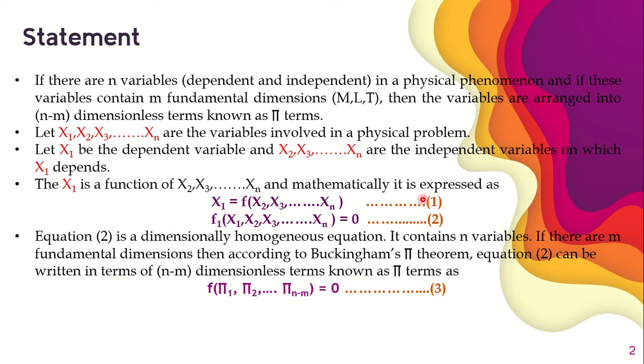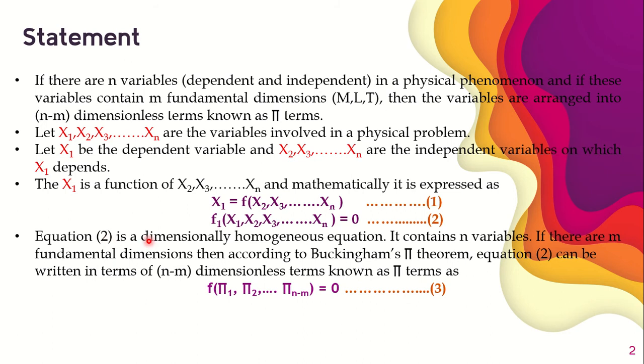The first equation is regarding the dependent and independent variables. Anybody who observes this first equation will come to know that x1 is the dependent variable, which is a function of the other independent variables. Similarly, if they observe the second equation, they should know that f1 of something, with all the variables, equals 0, which means the total number of variables inside this bracket is n. So you will know how many variables are involved in this phenomenon.